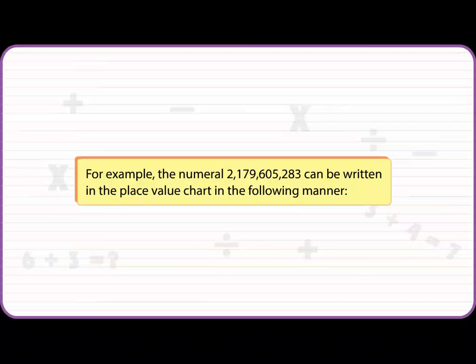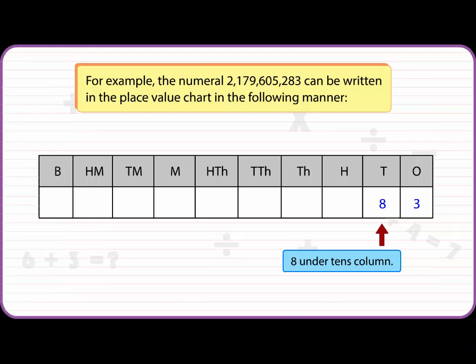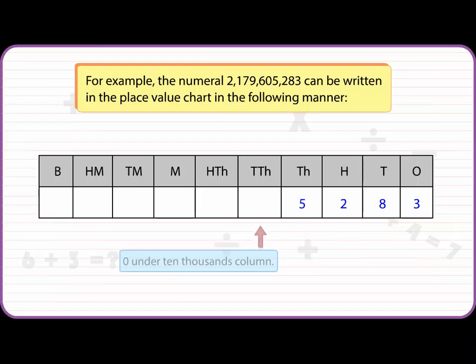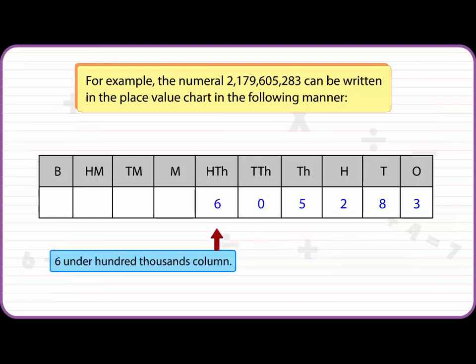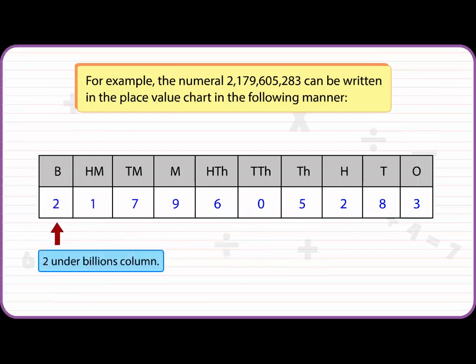For example, the numeral 2,179,605,283 can be written in the place value chart in the following manner: 3 under 1's column, 8 under 10's column, 2 under 100's column, 5 under 1000's column, 0 under 10,000's column, 6 under 100,000's column, 9 under millions column, 7 under 10 millions column, 1 under 100 millions column, 2 under billions column.